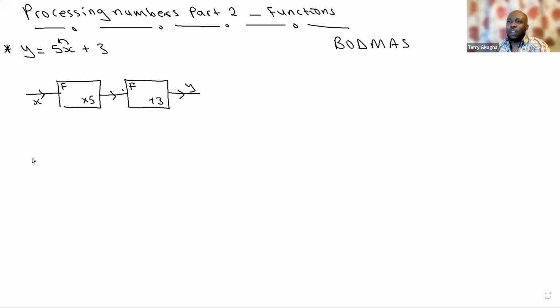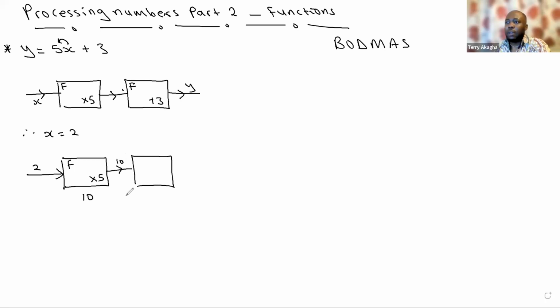Is that making sense? So let's say, for instance, x is equal to 2. The input here is 2. The first thing you do with the 2 is multiply it by 5. When you multiply the 2 by 5, it gives you 10. Now, the 10 is going to be the input for the next function, so the 10 will be the input here.